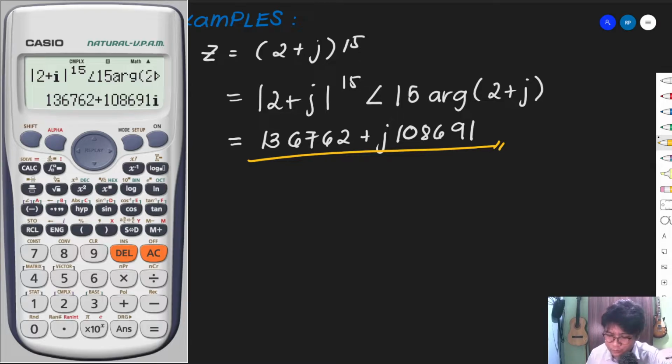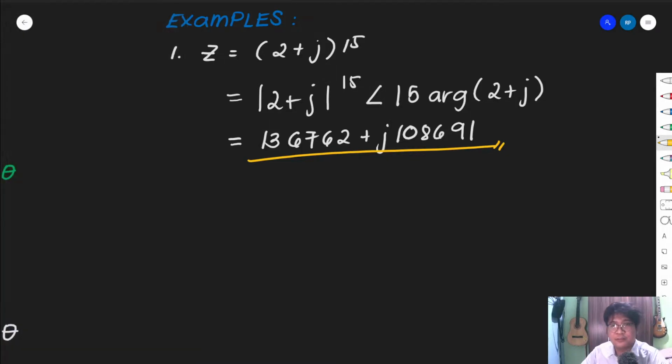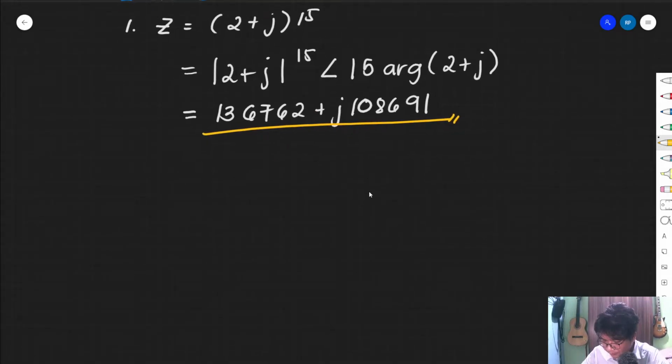Sabi, ang equivalent ng 2 plus j raised to 15 is 136,762 plus j 108,691. Okay, so that's for example number 1. Hide ko lang ulit yung calculator natin. So, game, let's proceed with example number 2.